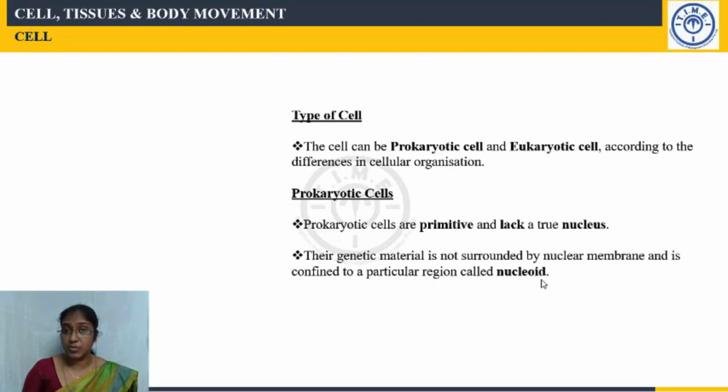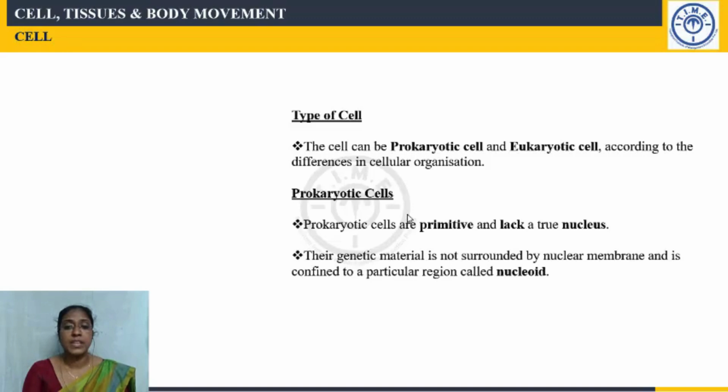But in the case of prokaryotic cells, they do not have a true nucleus. That is, their nucleus doesn't have a nuclear membrane surrounding it. They will have genetic material, so that particular region without a nuclear membrane is called the nucleoid.